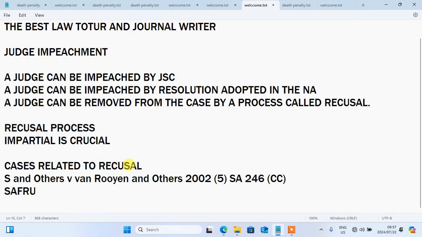I gave an example of the case of S and others versus Van Rooyen, which related to the recusal of judges. And I told you that impartiality is crucial in legal proceedings. Without it, the judge will be recused. And then I gave another example, the Safru case. And if you want to learn more, you can even learn about the international cases.